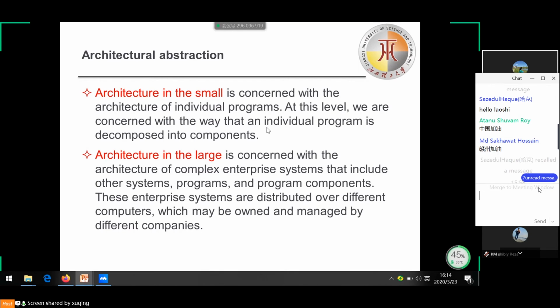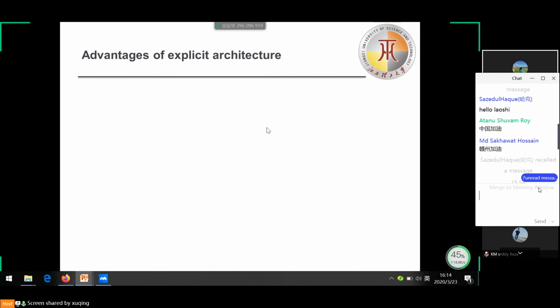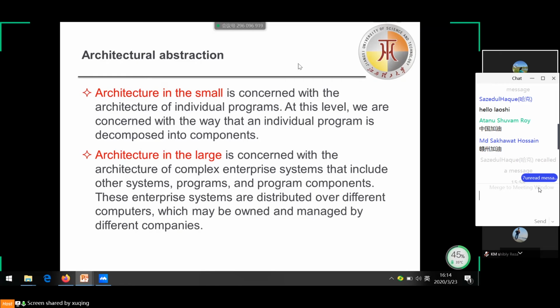This situation is often with very complex systems. In fact, individual components implement the functional system requirements, and the non-functional requirements depend on the system architecture, the way in which these components are organized and communicate.